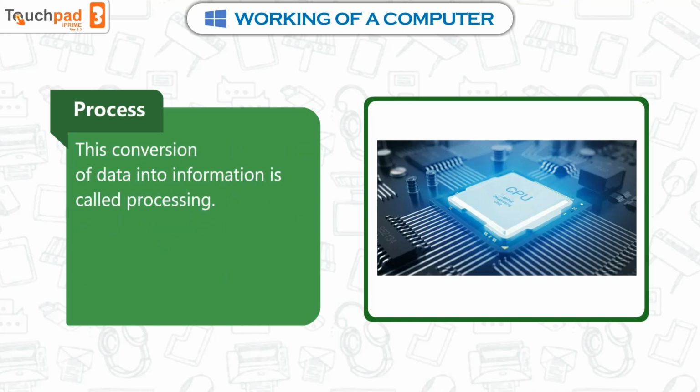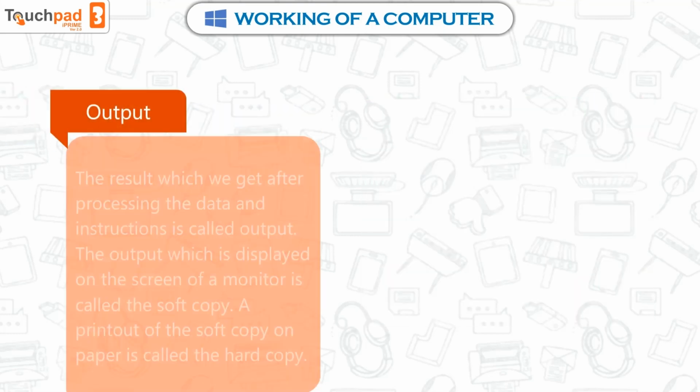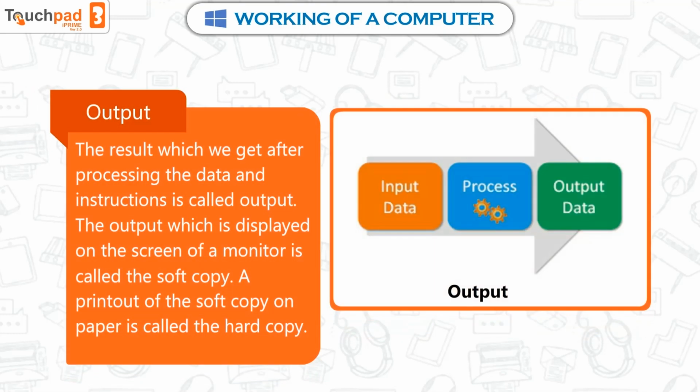This conversion of data into information is called processing. Output. The result which we get after processing the data and instructions is called output. The output which is displayed on the screen of a monitor is called the soft copy. A printout of the soft copy on paper is called the hard copy.